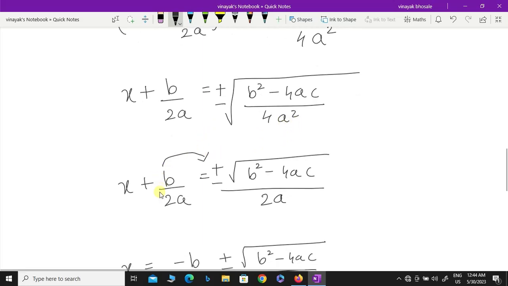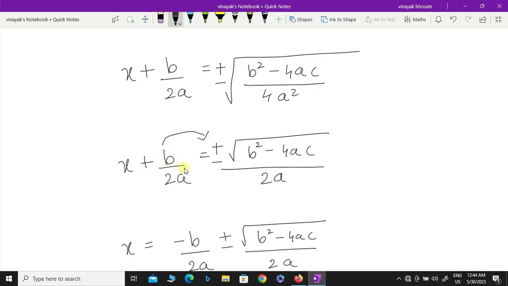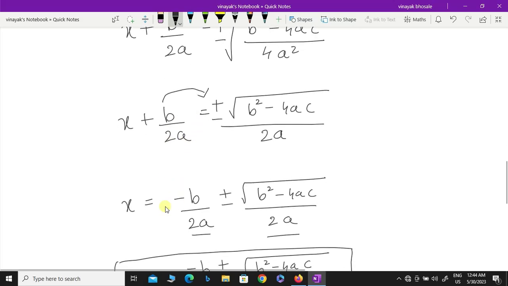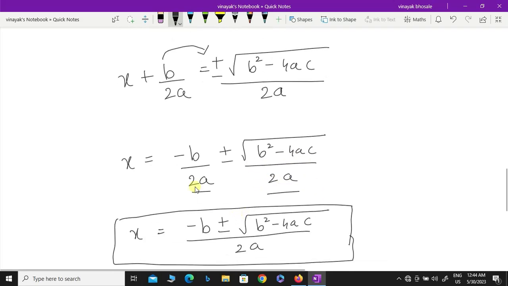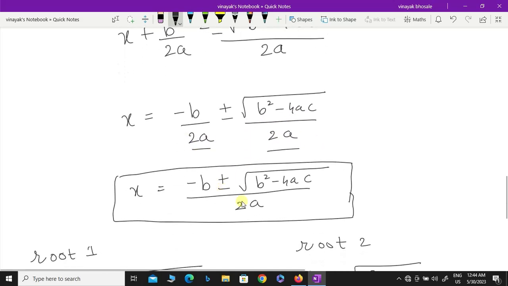And now the next step is to shift this term to the right. So it's going to be minus b by 2a plus or minus square root of b squared minus 4ac divided by 2a. Since the denominator is the same, we can write it this way. So minus b plus or minus square root of b squared minus 4ac divided by 2a. Okay, so this is the general quadratic equation formula.